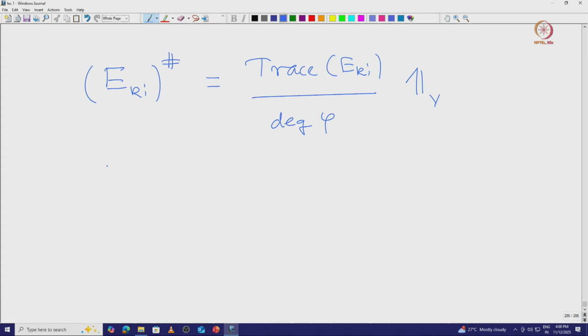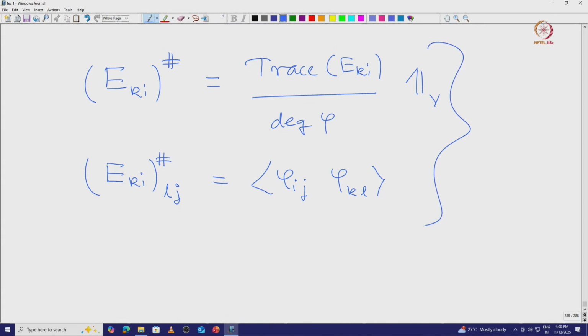On the other hand, the ljth coefficient of E_ki hashtag is given by the inner product of phi_ij and phi_kl. This we have already observed. Now let us put them together and conclude something about the inner product.